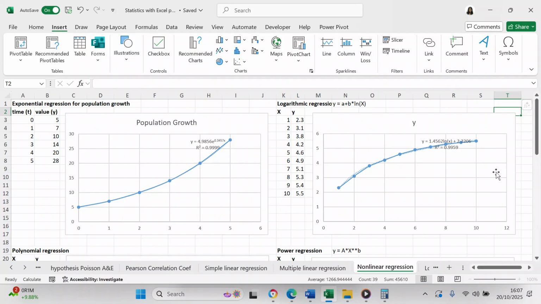You can see here we have made a chart with logarithmic regression. The equation is y equals 1.45621 ln x plus 2.2206, and your r squared is 0.9959.